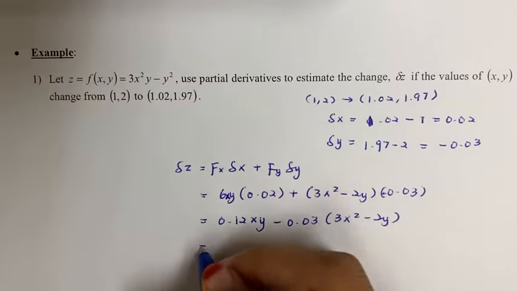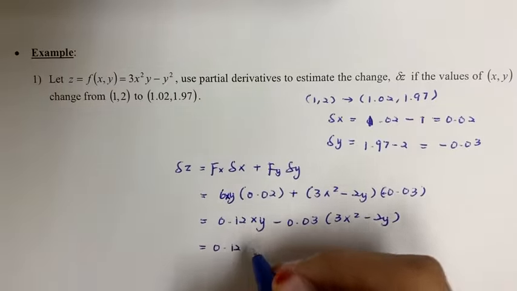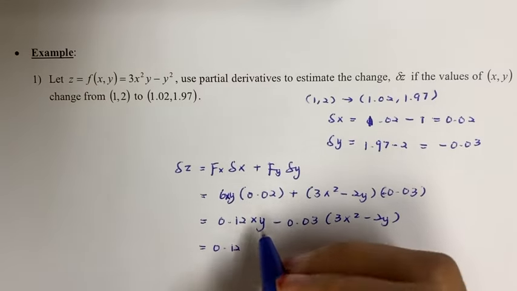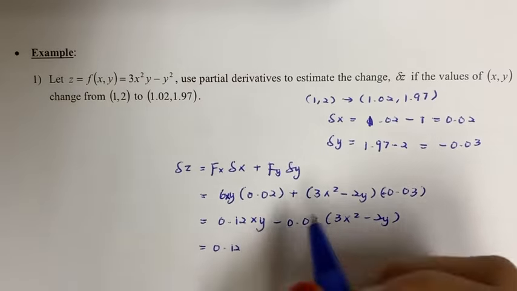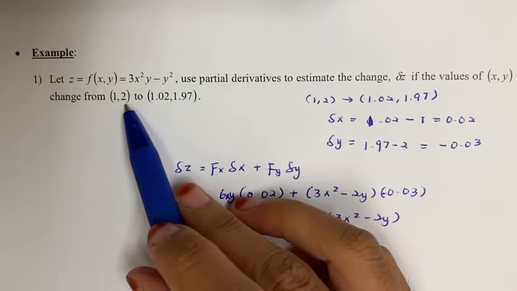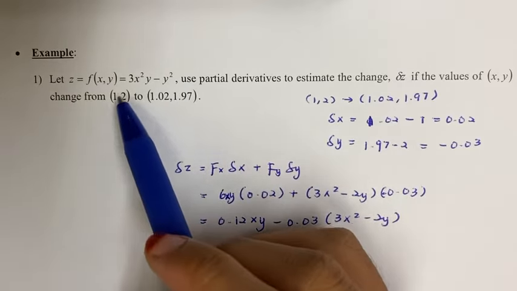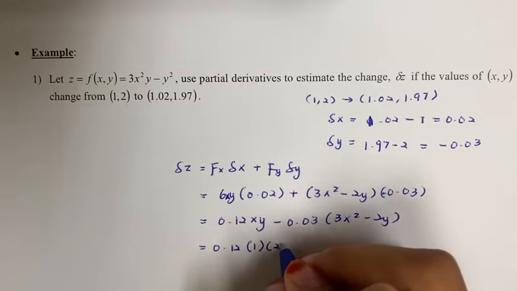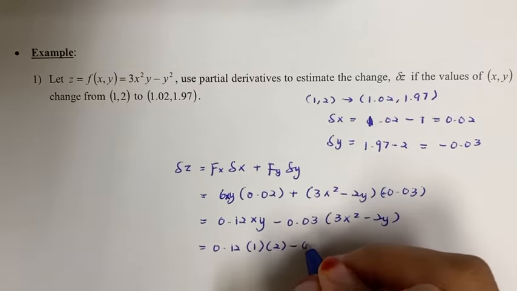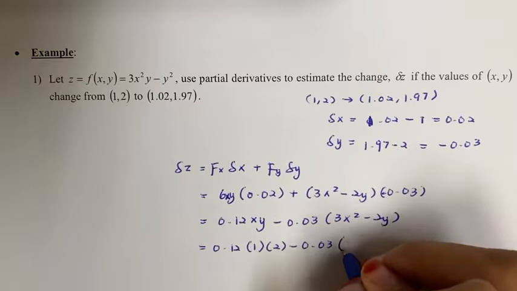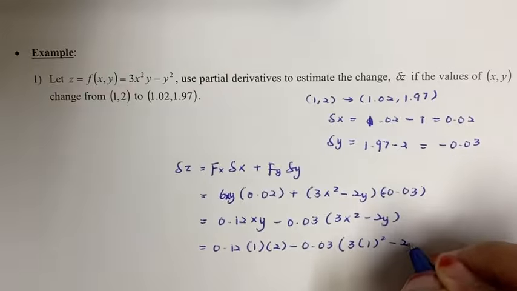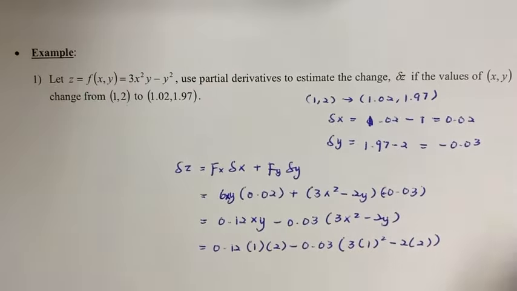You need to substitute the value of x and y to get the total differential of z. Substitute the x and y with the old value. So x is 1, y is 2: minus 0.03 multiplied by 3 multiplied by 1 square minus 2 multiplied by 2. Okay.